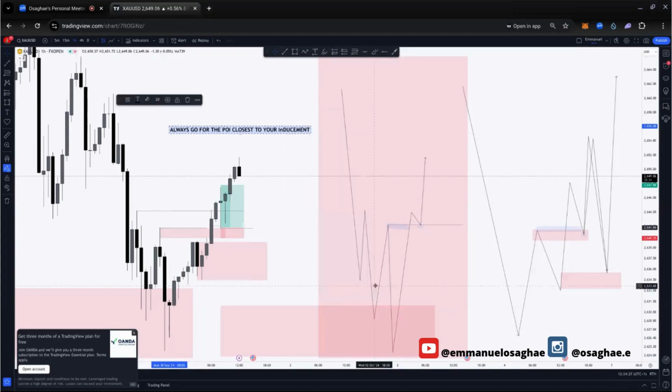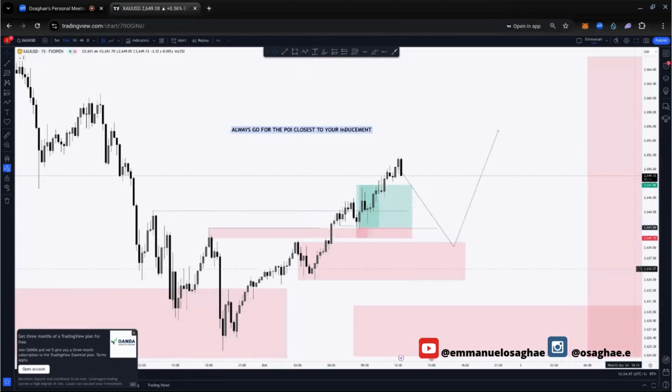Okay. So in this case, since this is our inducement, where's the closest point of interest? Because we know we're looking for an order block. So this is the closest point of interest. You'll be expecting the market to come here and move up. Are you getting me? Yeah. So to refine that place, I'll check the lower time frame.